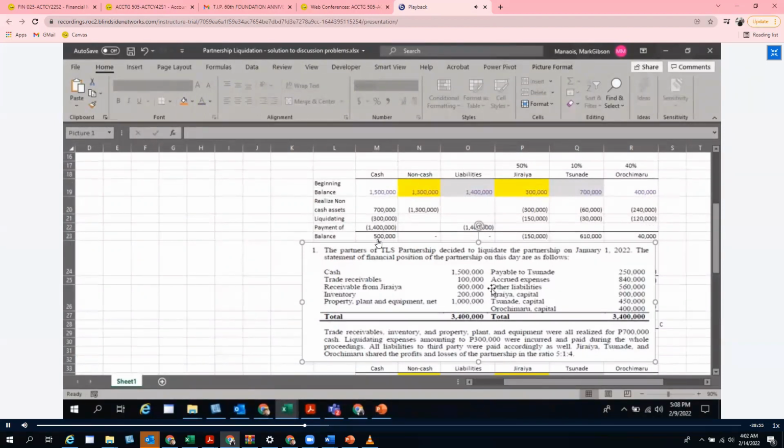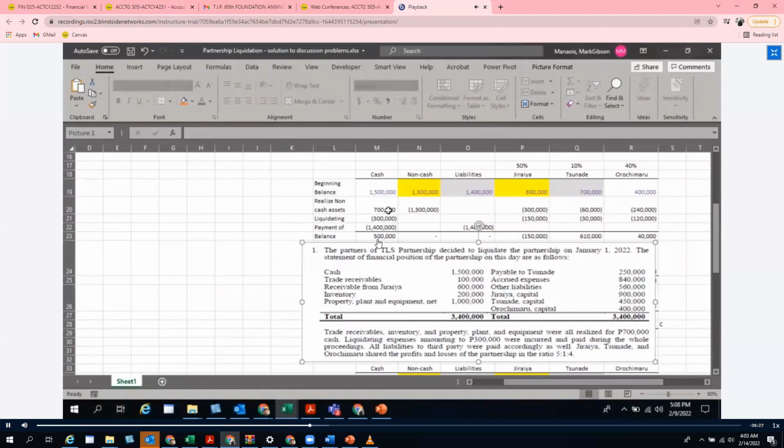So usually you are selling all your non-cash assets on discount. Binabargain mo na yan, no? So para lang mabilis, no? So we can assume that in here that property, plant, and equipment amounting to 1 million, baka binenta na lang ng 500,000 yan. No? That's why we only realize 700,000. So that's one of the scenarios, no?